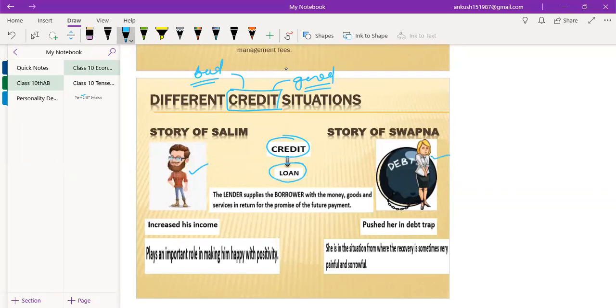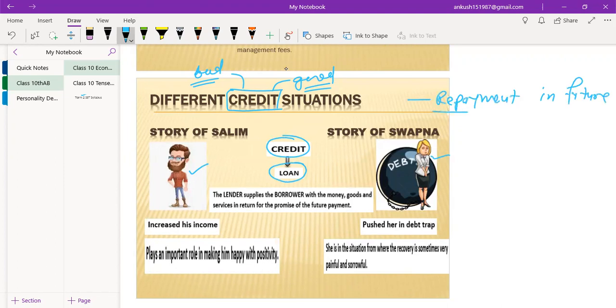Just take an example over here. Credit refers to an agreement in which the lender supplies services or goods or money, in the form of loan, in the form of credit, and this credit requires repayment in future.